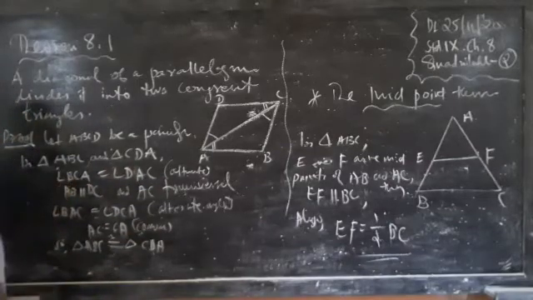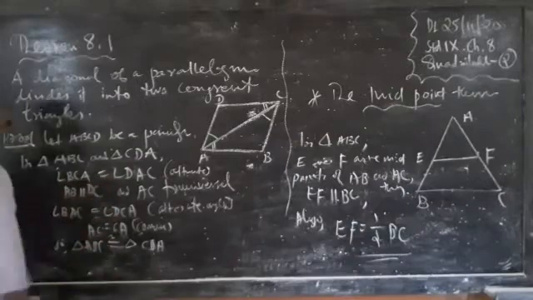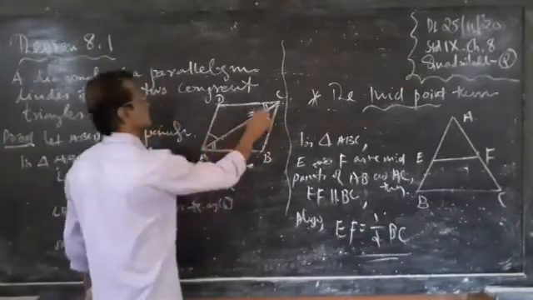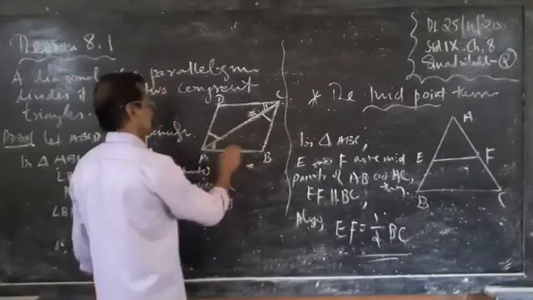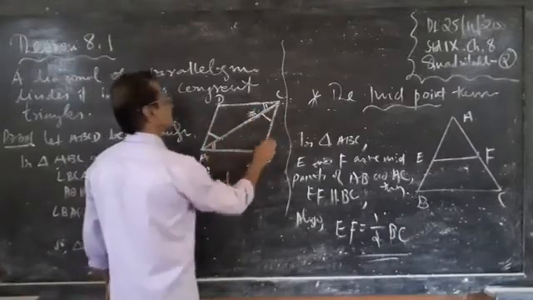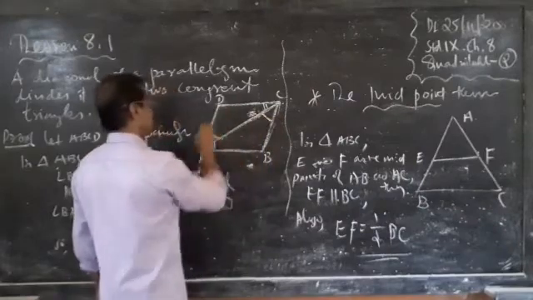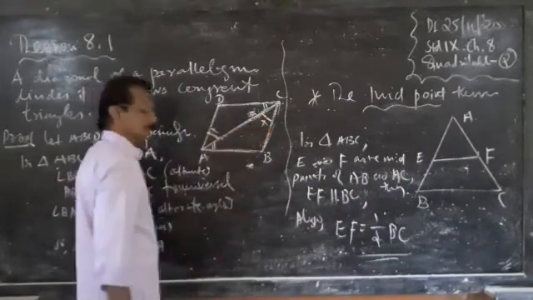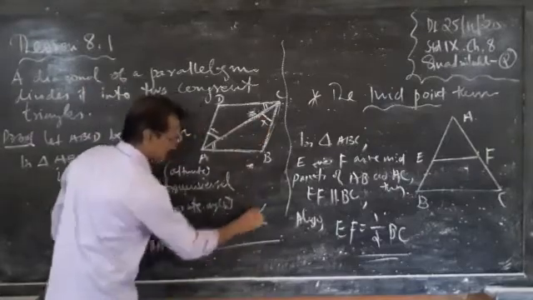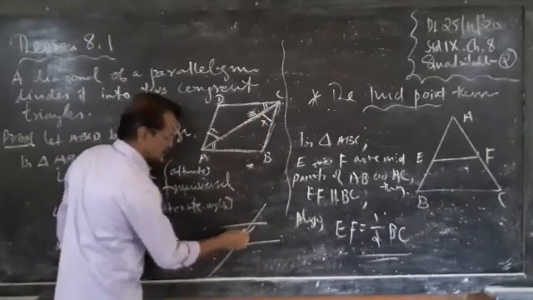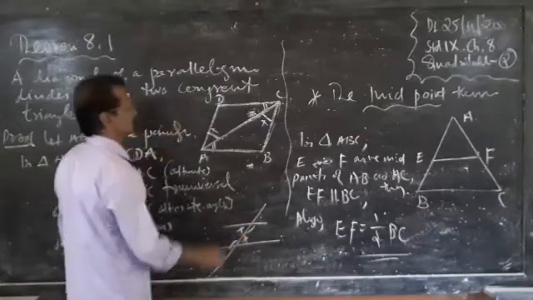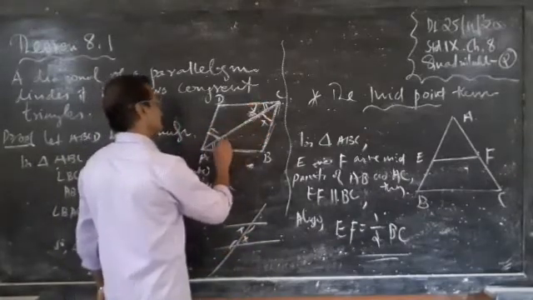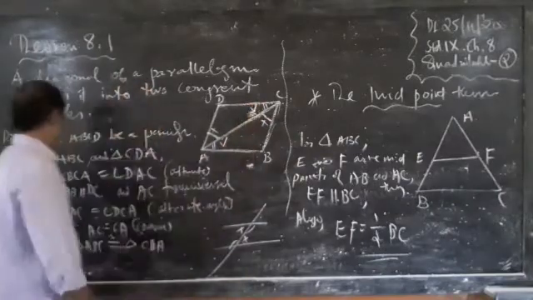Now, what is the proof? Angle BCA equals angle DAC. These two angles, this angle and this angle. Taking the lines as parallel and AC as a transversal, these two angles are alternate angles, and these two angles are also alternate angles.